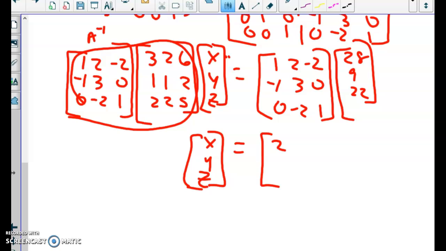And then if I go negative 28 plus 27, and my last row gives me 0, negative 18, positive 22 gives me a 4. So we get our X is equal to 2, Y is equal to negative 1, and Z is equal to 4. All right. Let's stop there.